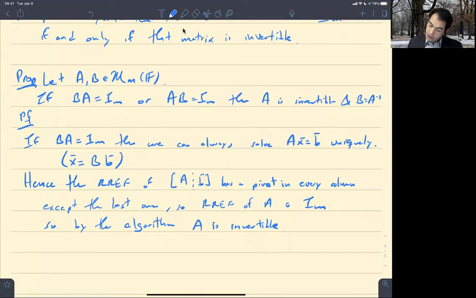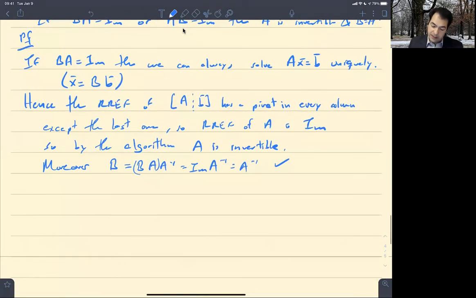Right? And then here's the proof I was just talking about. Once you know that A is invertible, then you can write B as B times A A inverse. And then B times A is equal to the identity. So this is just A inverse. Okay, so that takes care of the first case, if B times A is equal to the identity. What about if A times B is equal to the identity?